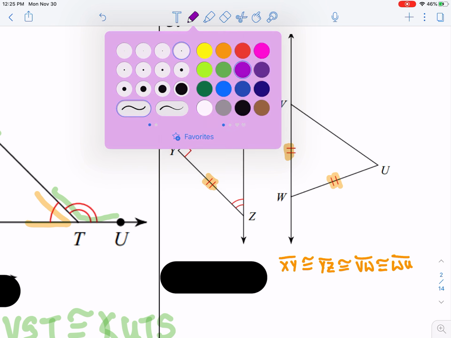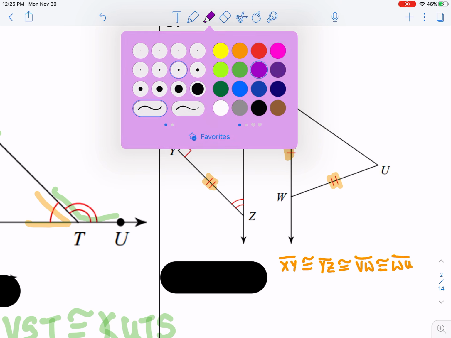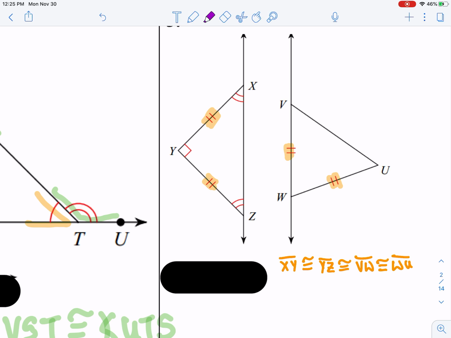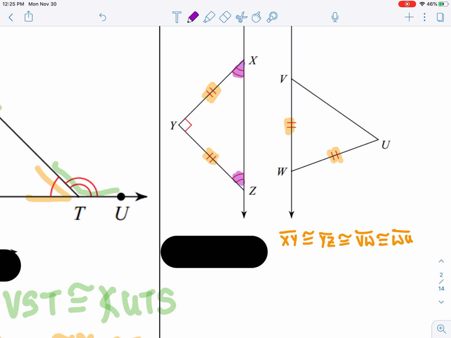Right now, we don't want to assume things, so if you don't see given information, you can't necessarily assume it unless a couple of things happen, and we'll talk about those here in a second. So the last thing I have are my angles. Angle YXZ is congruent to angle YZX. All right, so that's all the information I have.